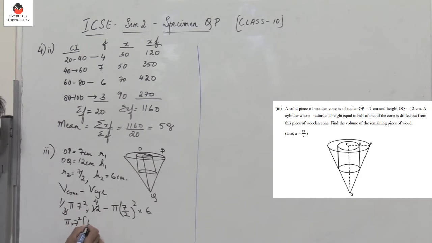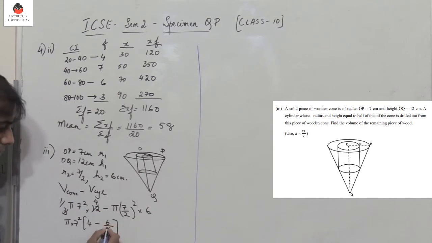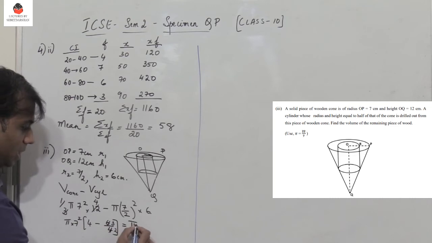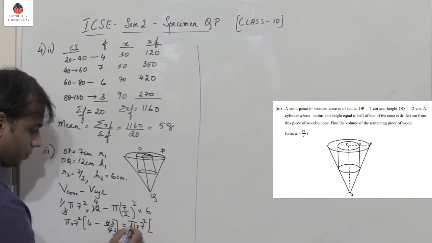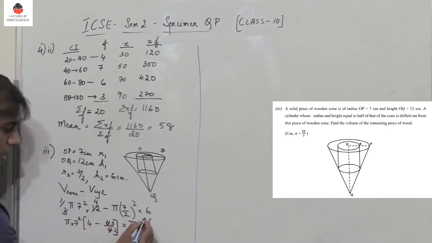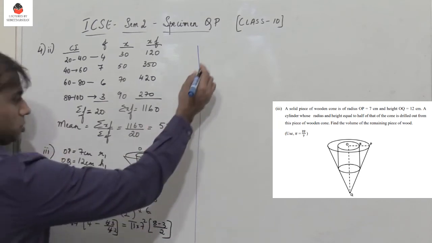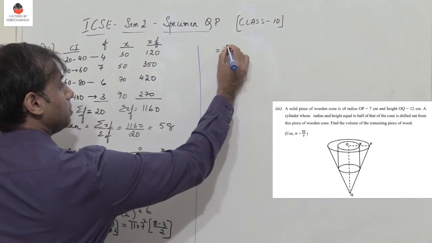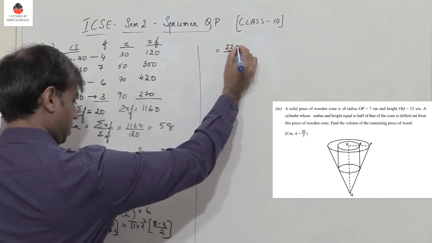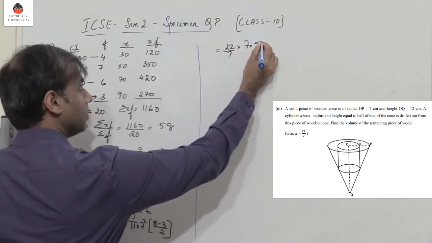If I take it common, I get 4 minus 6 by 4, which is nothing but 3 by 2. So I get pi into 7 square, right? So you have 8 minus 3 by 2. So we are left with pi, which is 22 by 7, into 7 into 5 by 2.